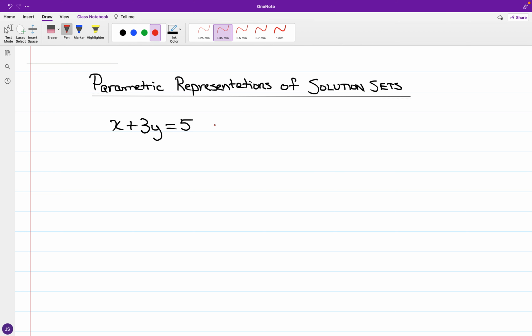We're going to write the equation in terms of the first variable. So in the case of the rewrite, you will have x is equal to 5 minus 3y. Again, for the last letter that appears, which is y, we have that y is equal to t.